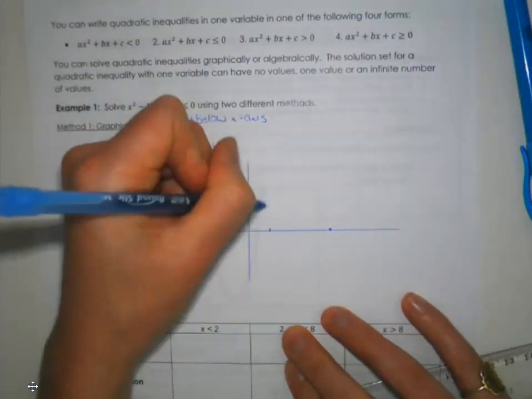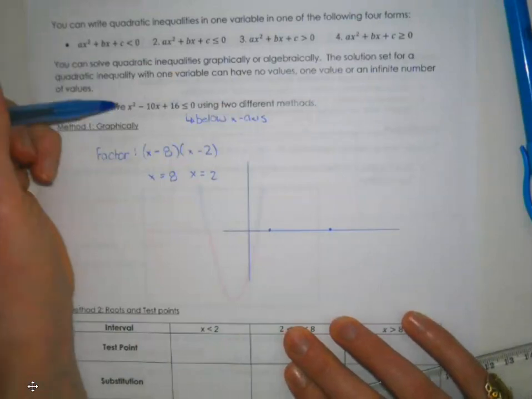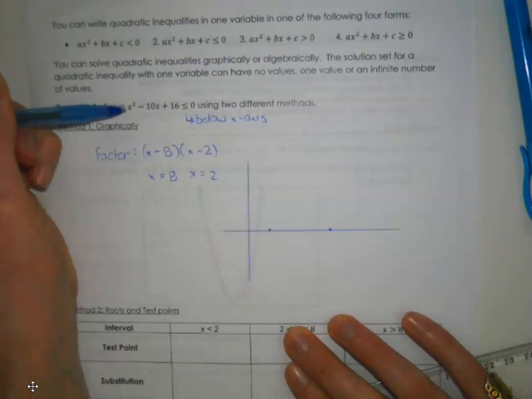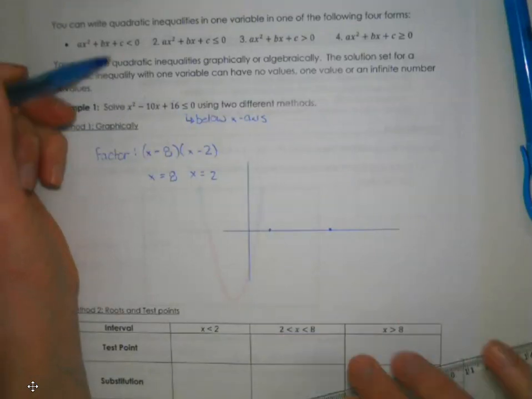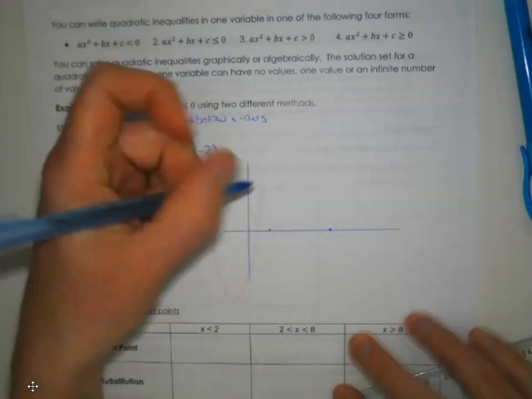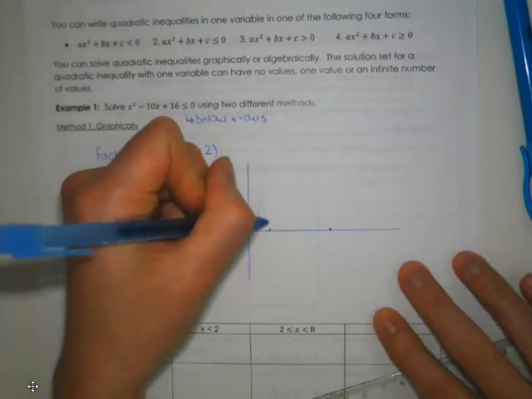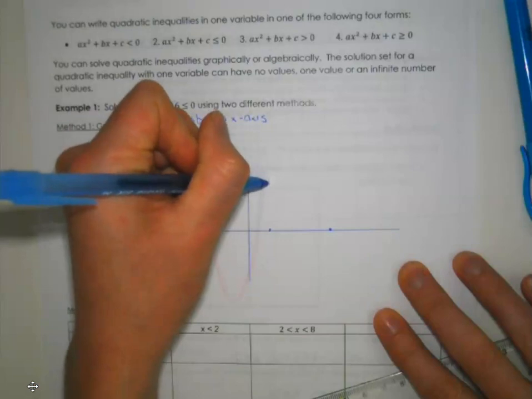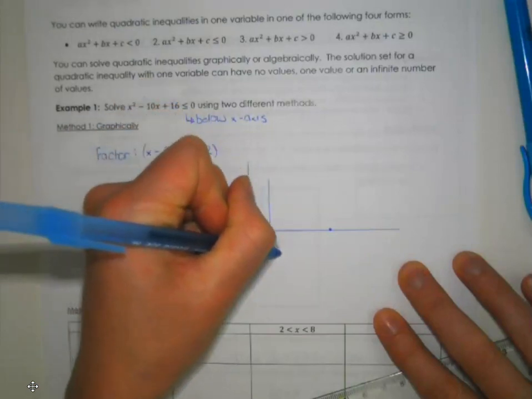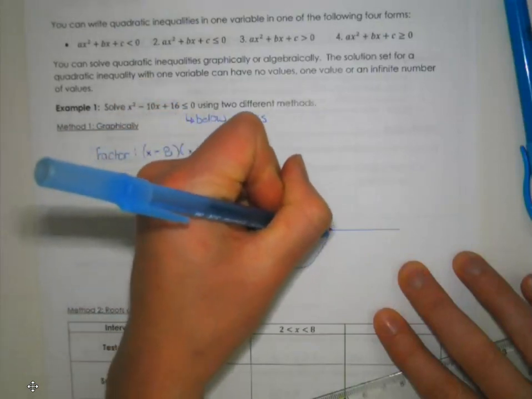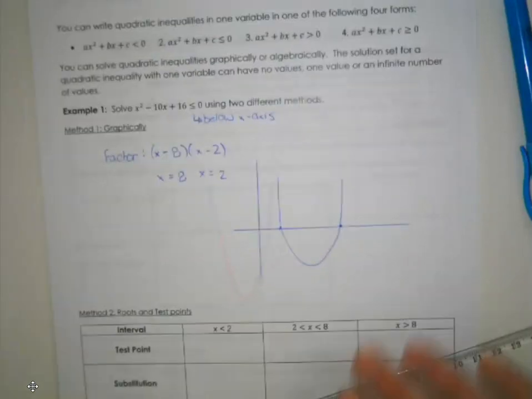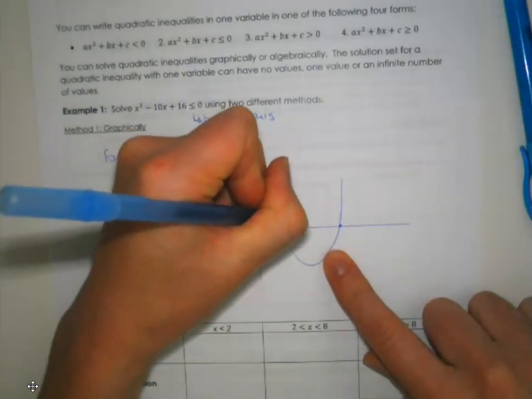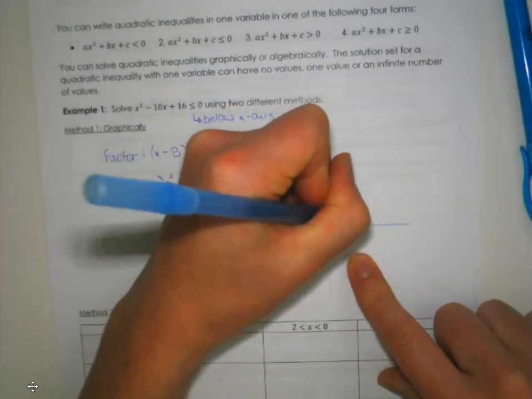And we have a positive x squared, so remember, that means our parabola is going to open upwards. I'm not going to worry about the vertex, because when we're solving, we're just trying to figure out the general shape. We know it opens upwards. We know that it has intercepts at (2, 0) and (8, 0).